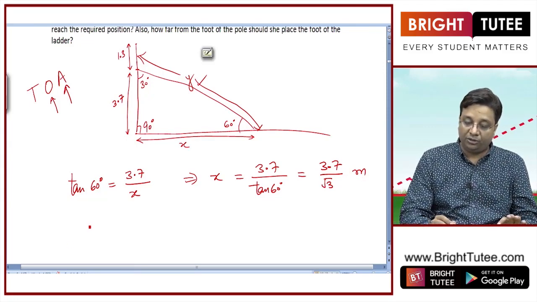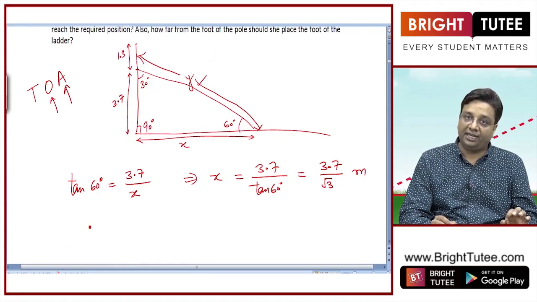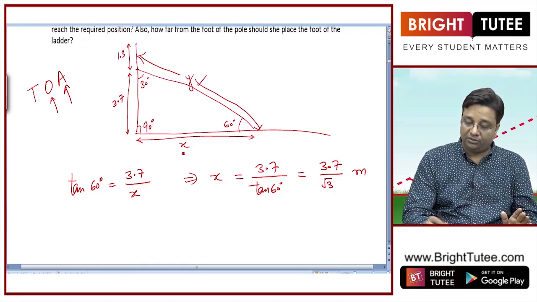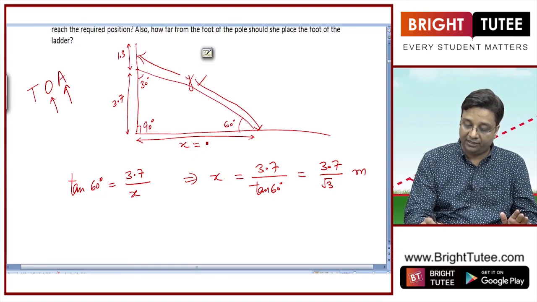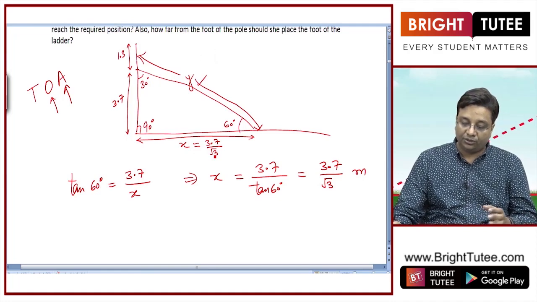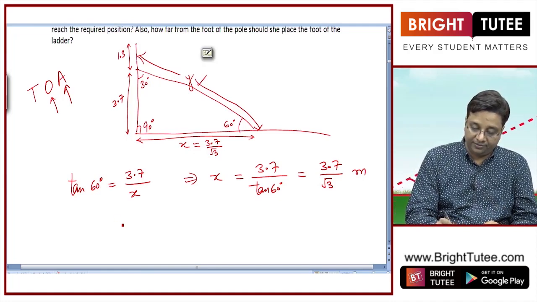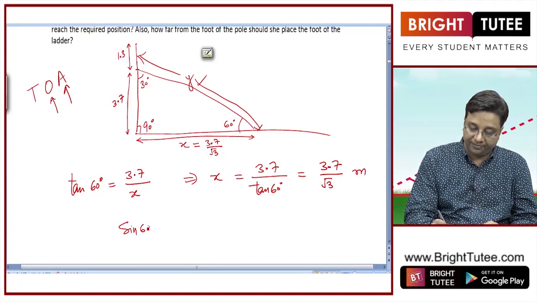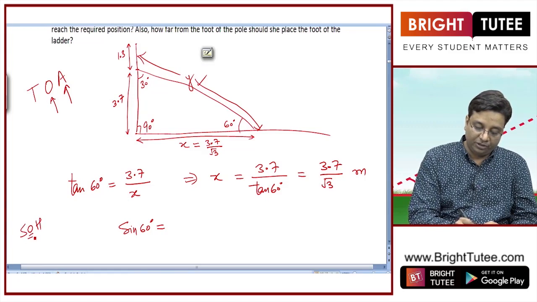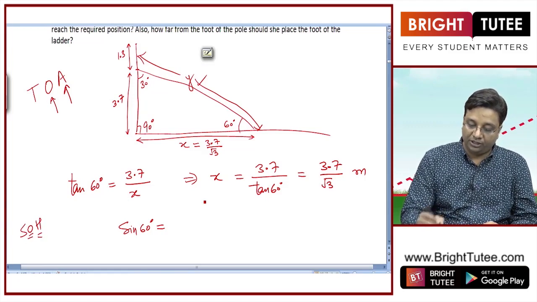And now you need to comment about the length of the ladder, that is y. So you can apply any of the trigonometric ratios now, because you know the value of x here is 3.7 divided by root 3. So let's apply sine 60, let's say. What is sine? Sine is opposite by hypotenuse. So what is the side opposite to 60 degrees?